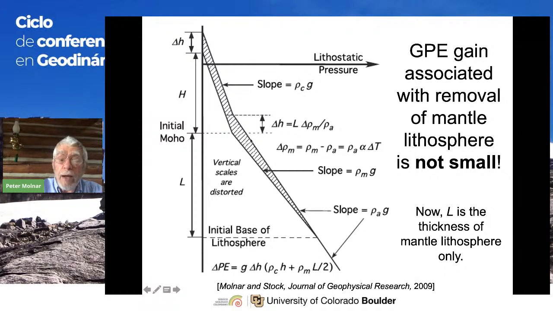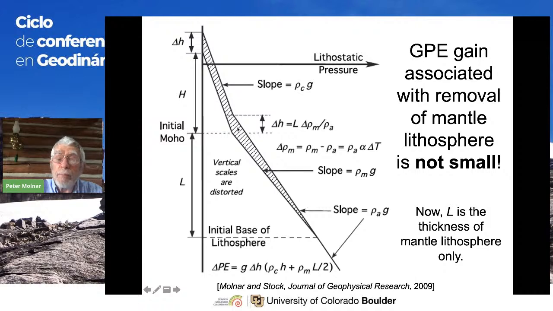And then if you come down on this curve, this would be the cold version, the hot version, where you've replaced the mantle lithosphere with warmer material. So this would have a slope of the density of the asthenosphere, whereas the original case, before you elevated, you would come down that slope to the initial MOHO, and then the slope would change, becoming the density of the mantle lithosphere in this area.